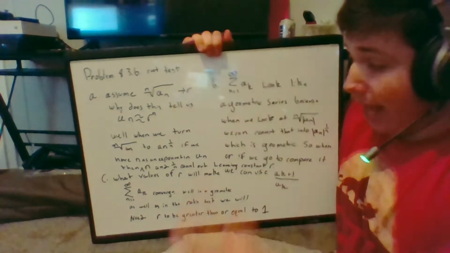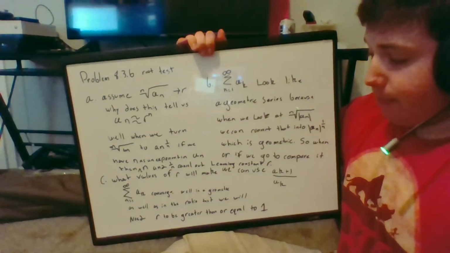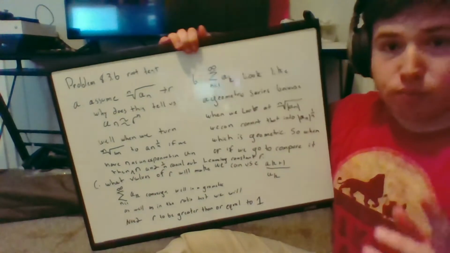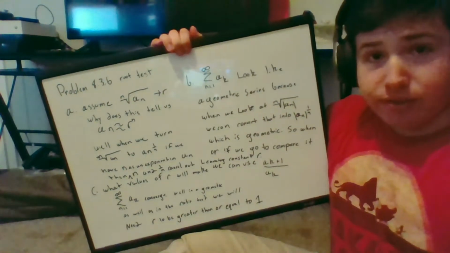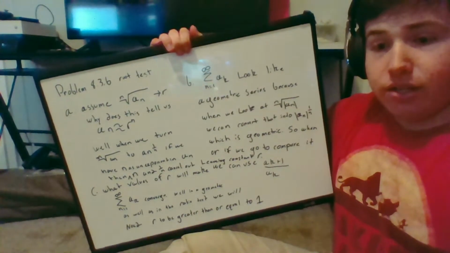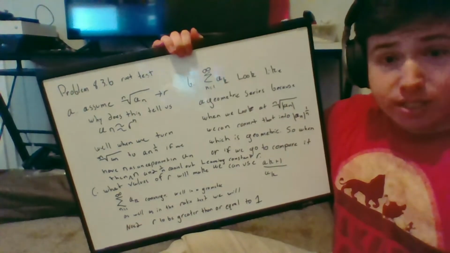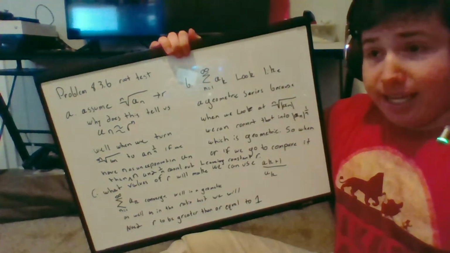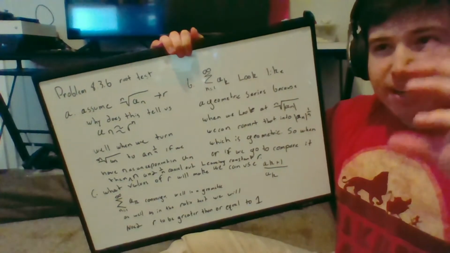So whenever that happens, we're basically left with just the function a sub n, and then you can look at it as a geometric series, and you can take it out and kind of pick it apart.